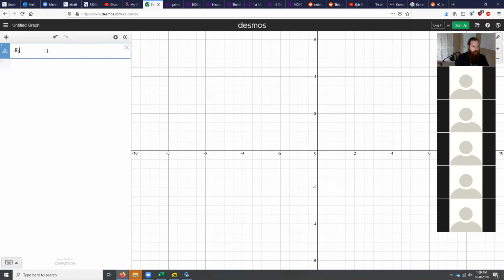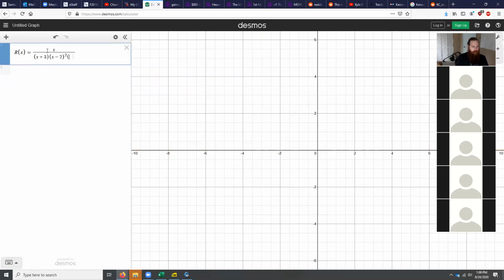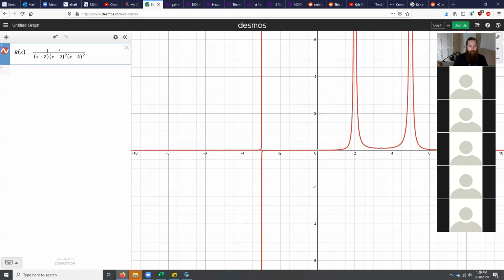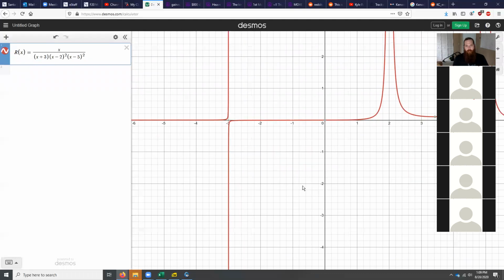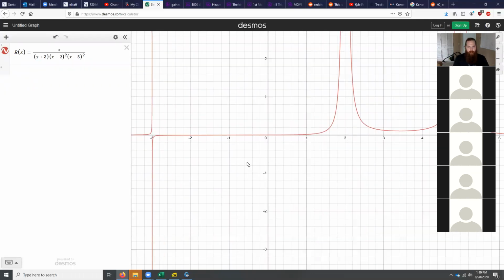So let's graph this. Let's graph r of x equals x divided by x plus 3 times x minus 2 squared times x minus 5 squared. I'm going to have to rescale my y-axis considerably.